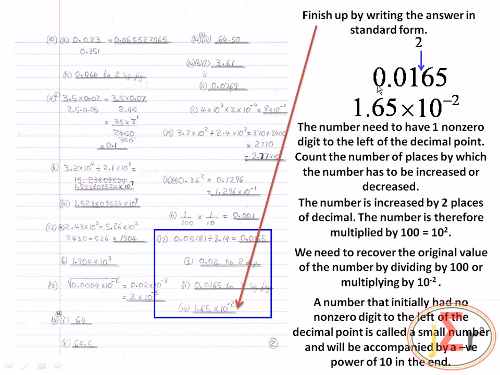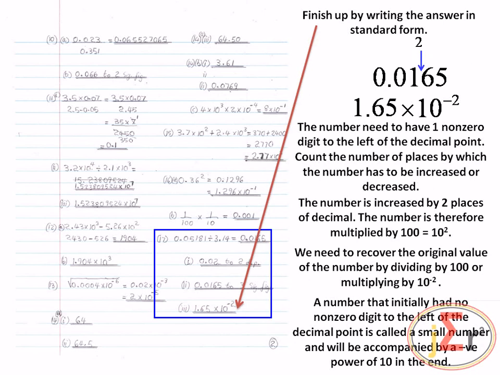This being a small number, or classified in our mechanics as a small number. A small number will be accompanied by a negative power of 10 in the end, and the number of decimal places by which this one differs from this one will tell us whether it is 1, 2, or 3, the size of the power.